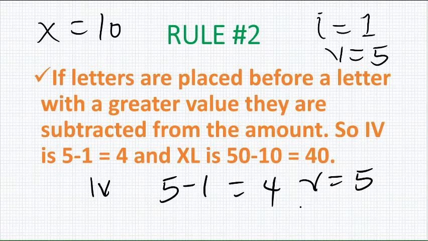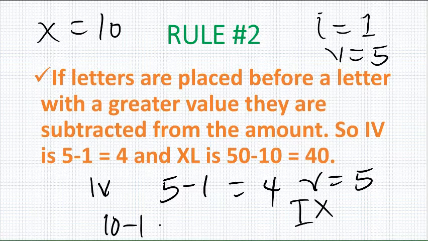So which is going to be I in front, and then X behind, which is saying 1 from 10. So 10 minus 1 will give us 9. That's it. So I know that IX is 9, and then I know that X is 10.